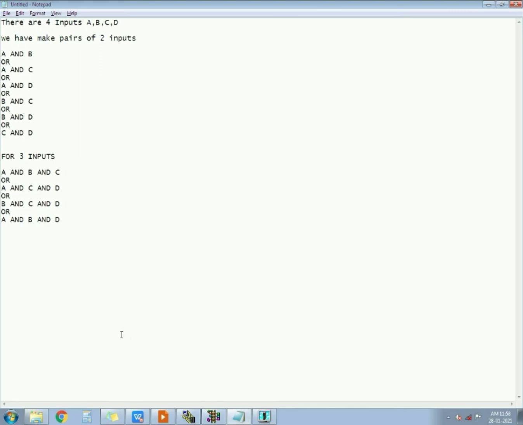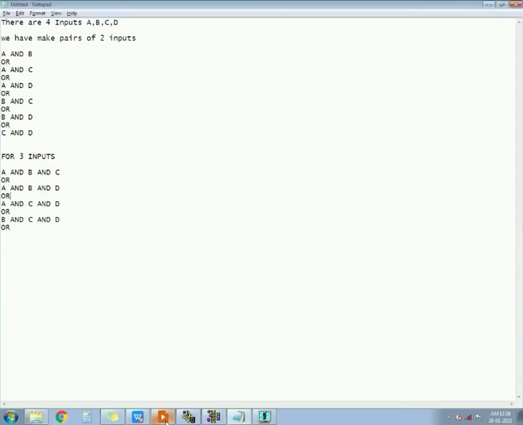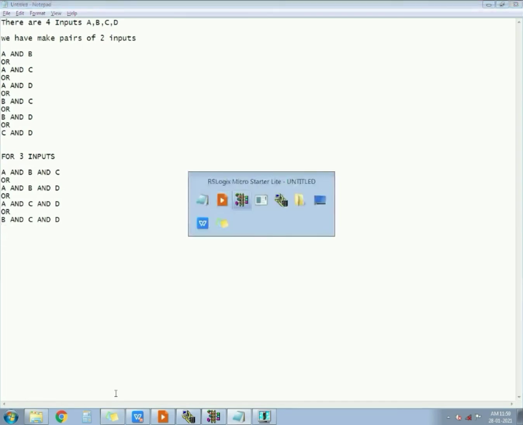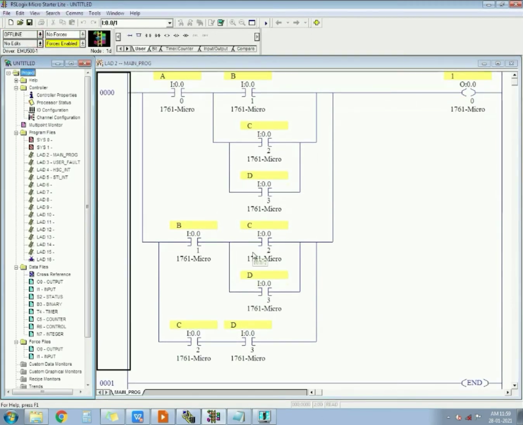So we can use these possible combinations. I will place it above. Just a minute, here I will place it here. These are the possible combinations. There will be these 4 combinations. We can use these 4 in parallel, so we don't need to simplify it, but we can simplify it.